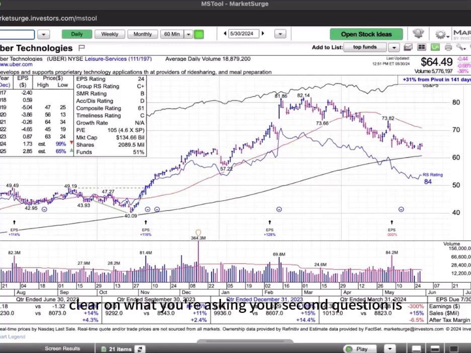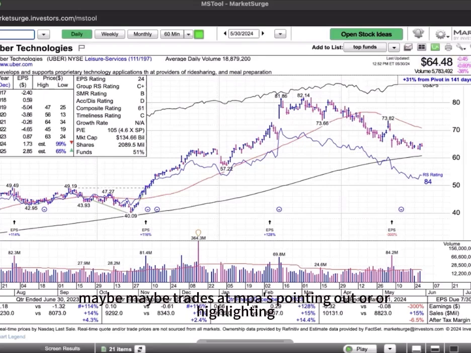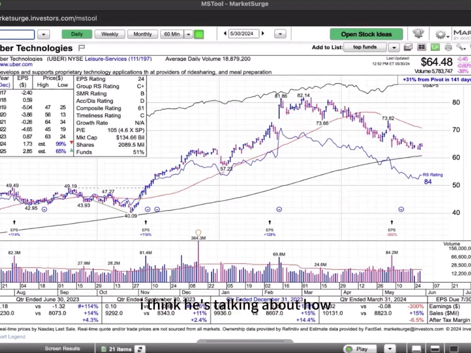Your second question is, though, I would say about half the trades are easy for me to figure out the errors, but the other half are kind of challenging. For instance, I was not sure where I could say this was premature. I think you're referring to specific trades that MPA is highlighting. I think he's talking about how he's been grading them. Oh, I got you, in the grader.